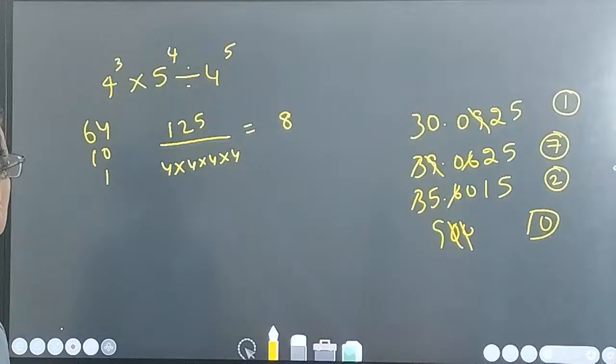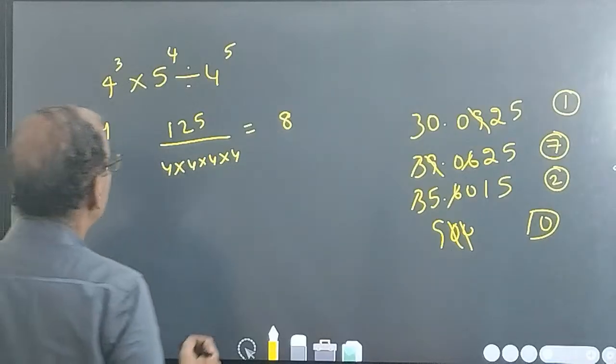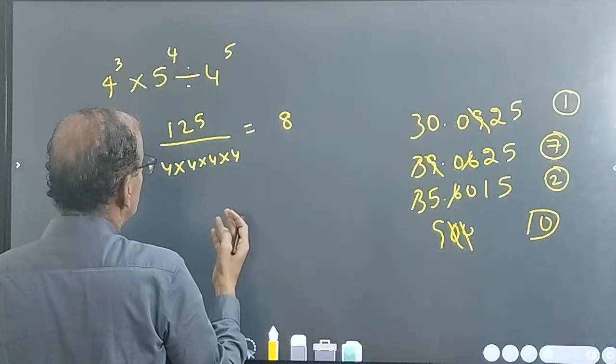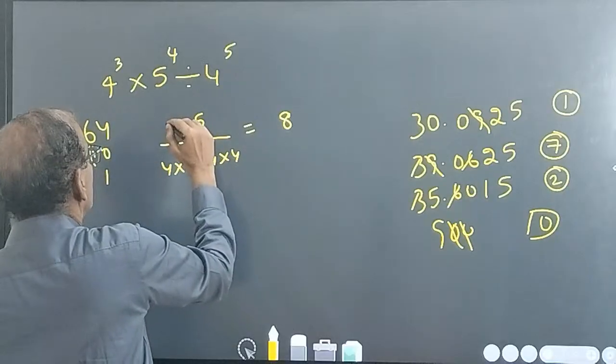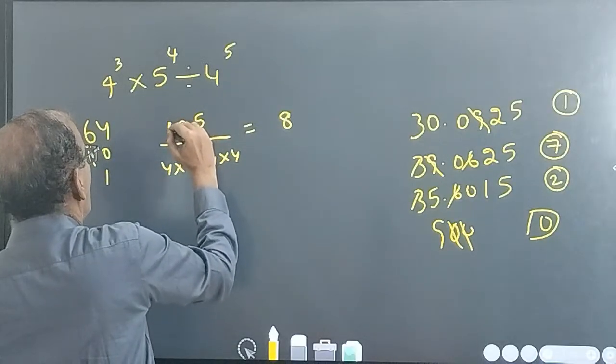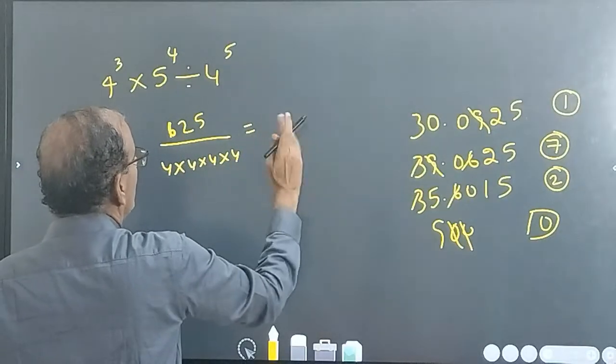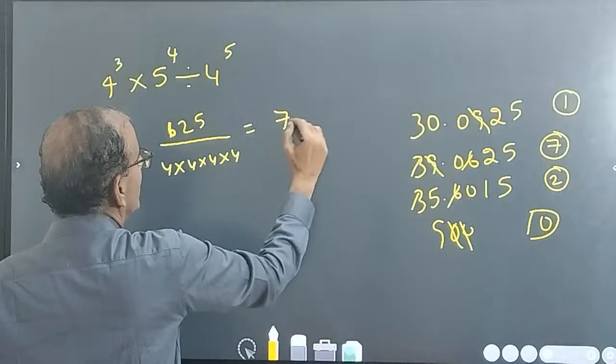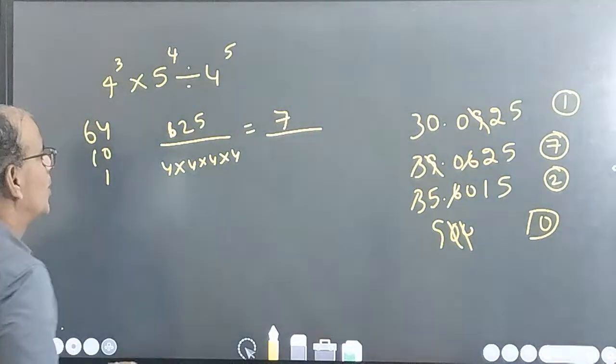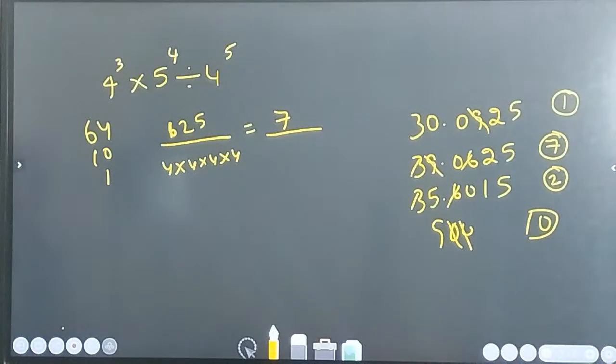What I did? 5 cube, no. 5 cube means 6. 625. What is the numerator? 6 plus 2, 8, 7.